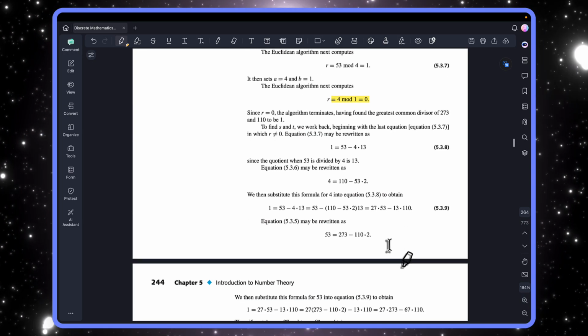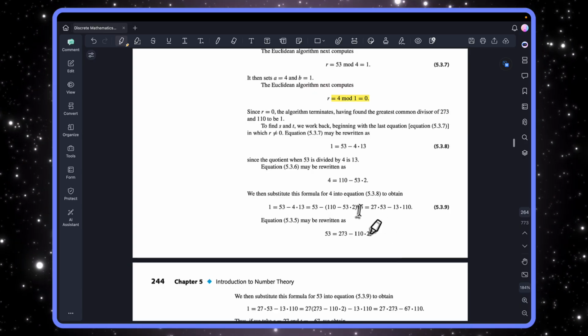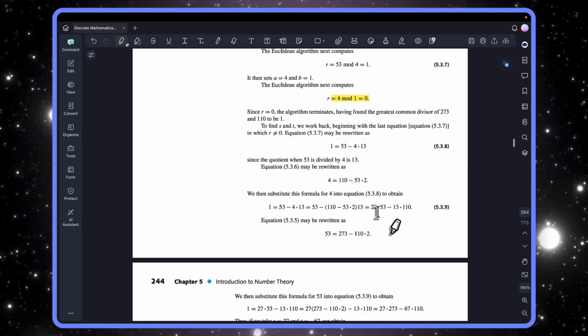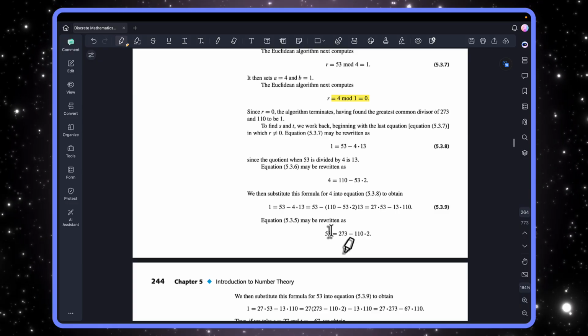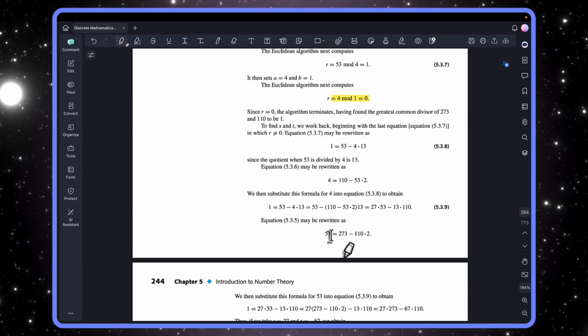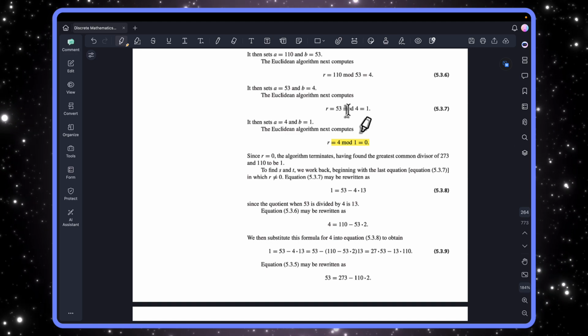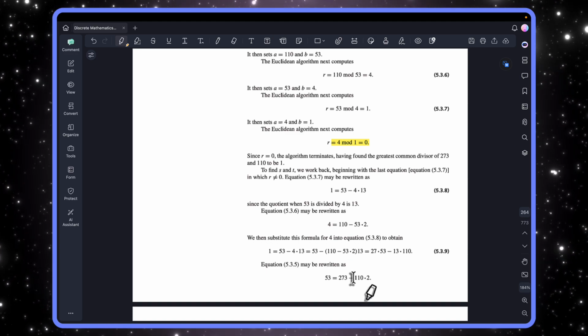Then again, if you look at what 1, the greatest common divisor, is equal to, now we have 53. Well, we know that 53 from this expression is 273 minus 110 times 2.